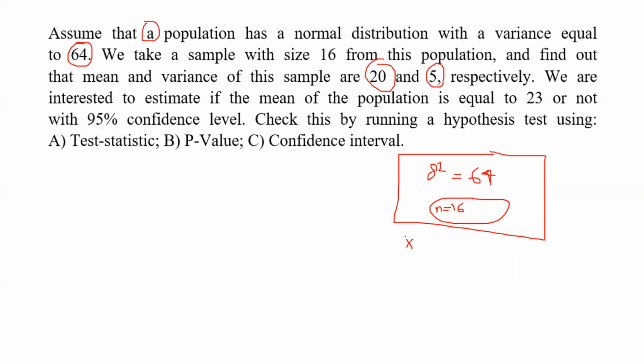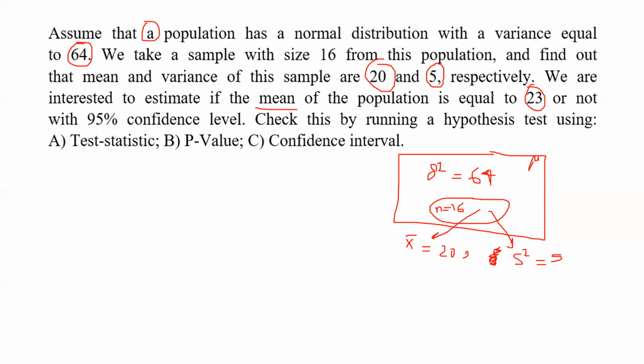So X bar from this sample is equal to 20 and variance, but here we should show it by S2, not sigma, because it is related to the sample. S2 is equal to 5. We are interested to estimate if the mean of the population is equal to 23.